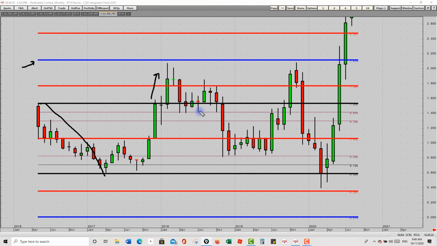Then prices fell back to the point of control again. Then we've got these key areas inside the range, the buy and sell zone within the range, which you can see there, and prices bouncing off that, heading back to the POC. So lots of work done for years.